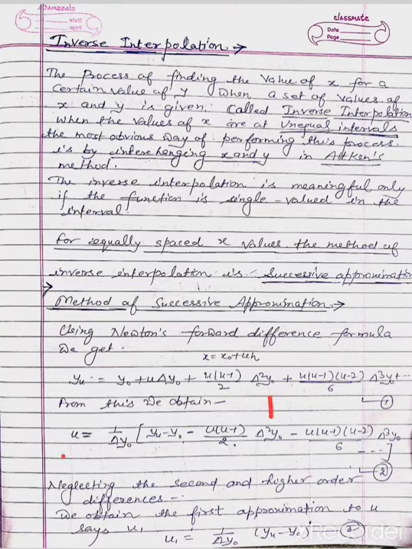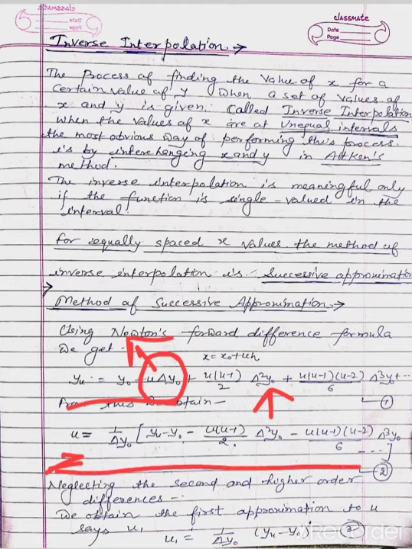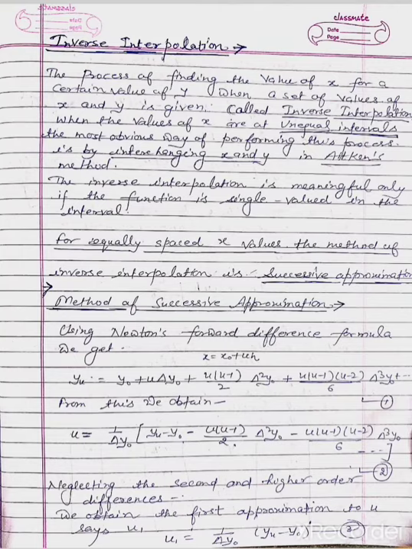From this equation 1 of Newton's forward difference formula, we obtain the value of u by rearranging the equation, given by equation 2. From this equation 2, we obtain the first approximation to u by neglecting second and higher order differences.